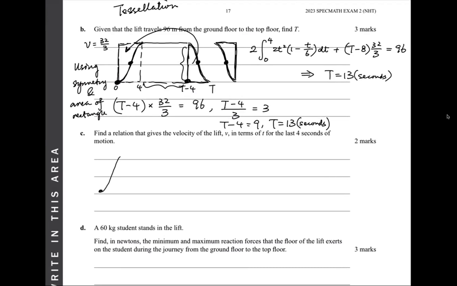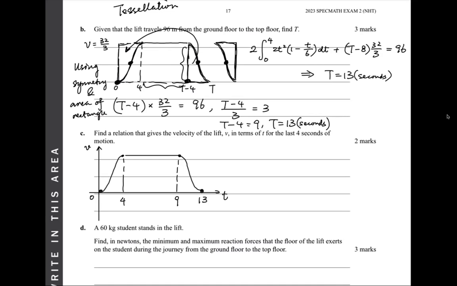Firstly, looking at the previous t-value, we can make some annotation here and draw ourselves a diagram, do ourselves a favor. Now, this is 13, this is 0, this is 4. So this is 9.